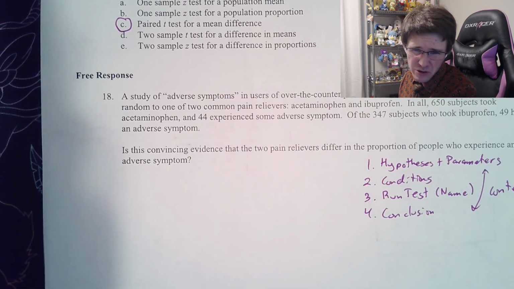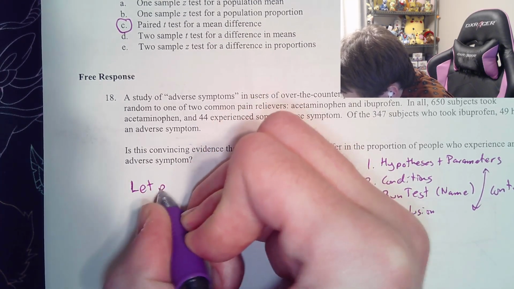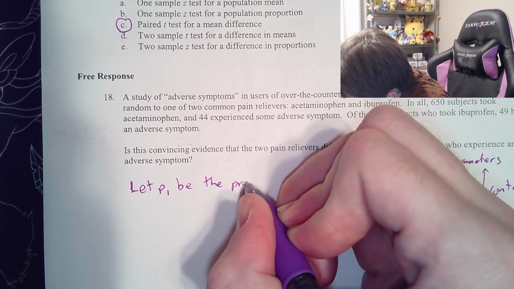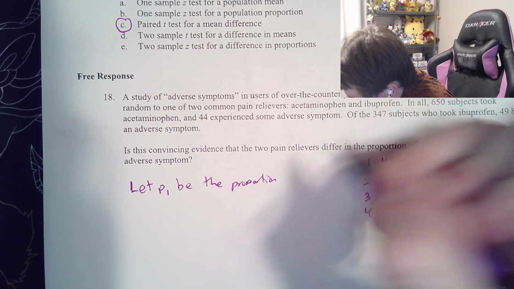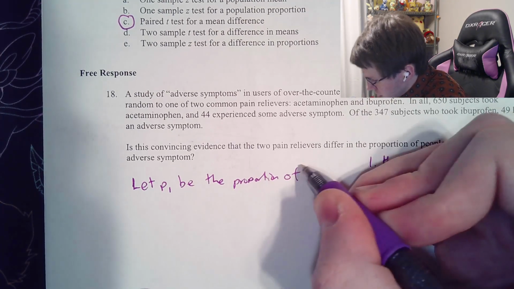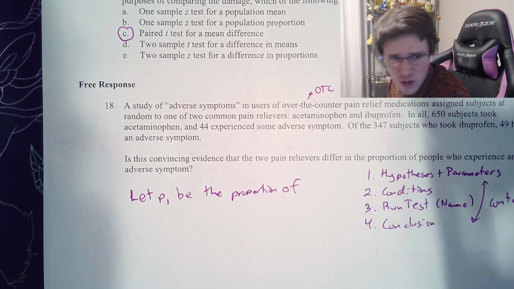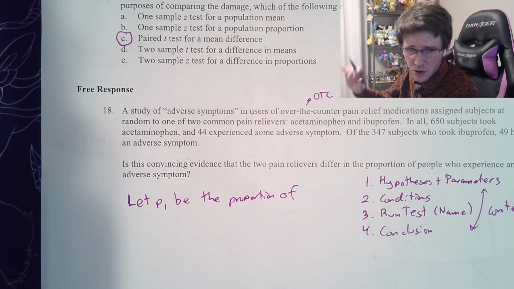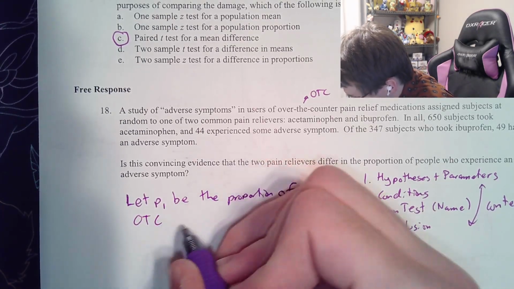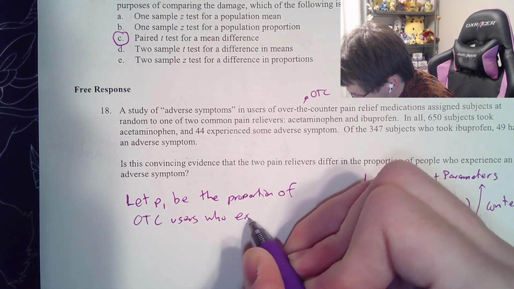So first of all, let's do our parameters. We're going to say let P1 be the proportion of OTC users who experience adverse symptoms. Let's title this OTC. If you do that on your AP test, that's okay, by the way, as long as it's somewhere on the page that's clearly marked.